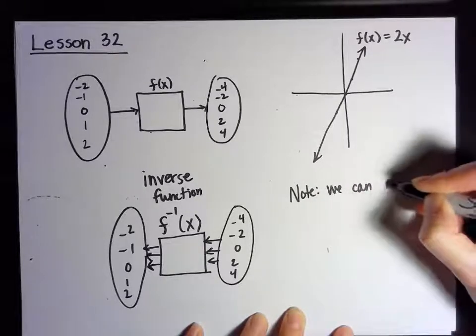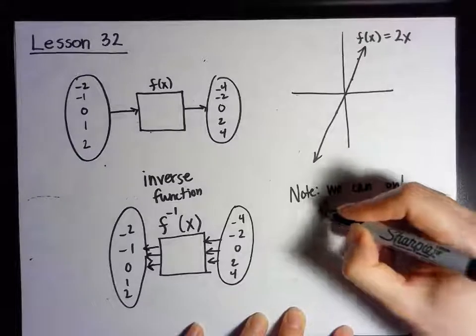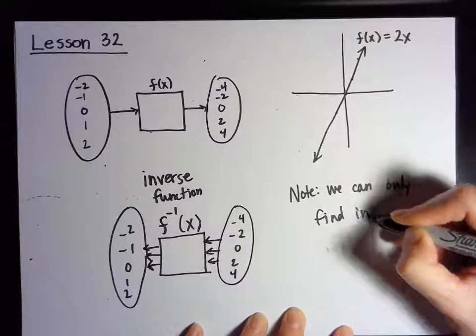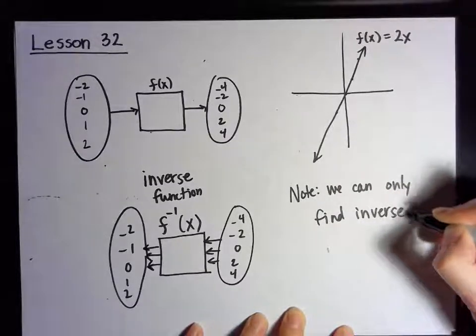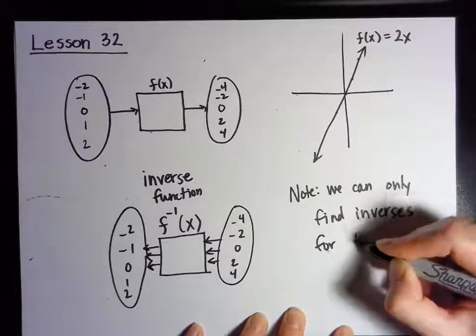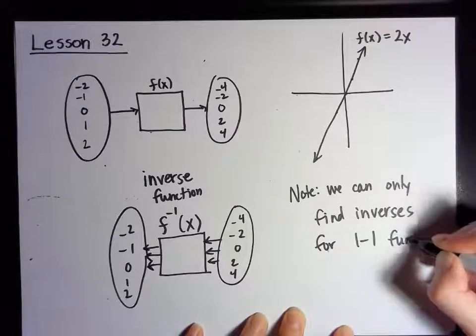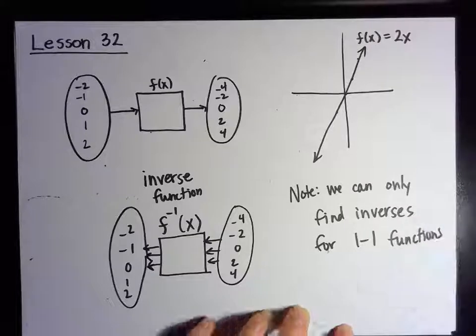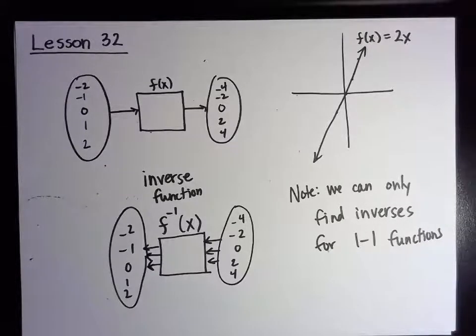Okay. Now, a thing to note about this is that we can only find inverses for 1-to-1 functions. And hopefully you can see why.